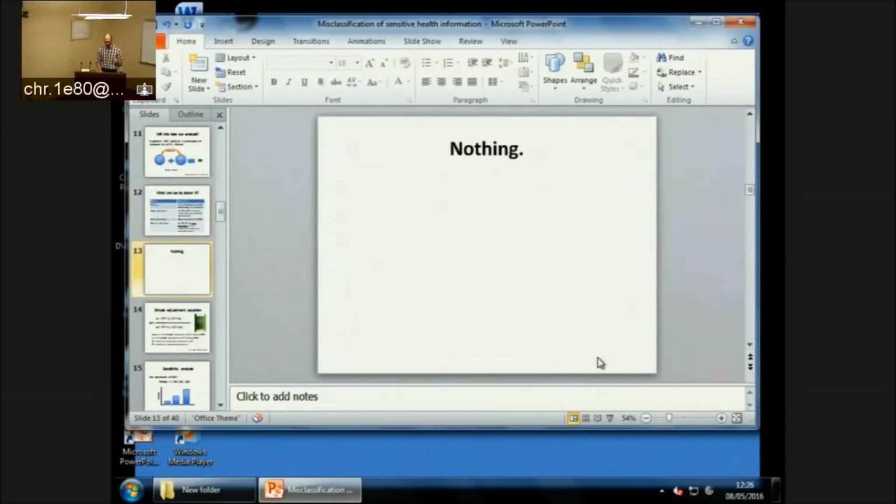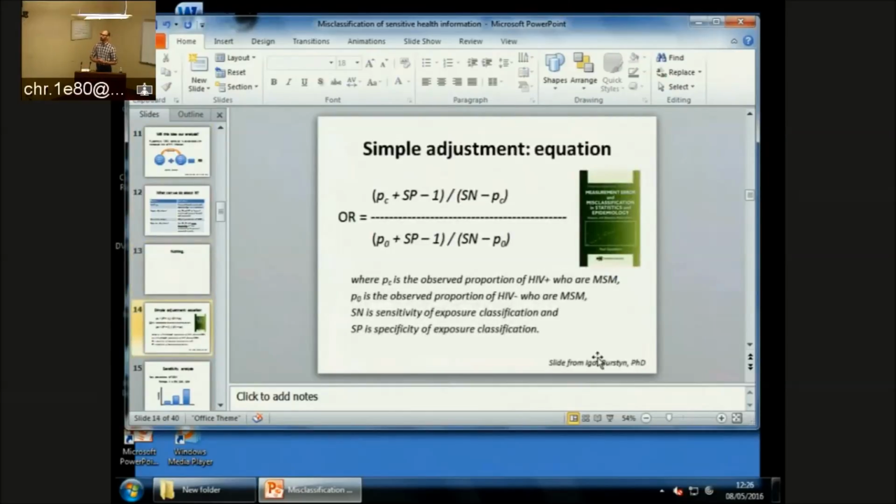So you can do nothing, and that's why there's nothing here. You can correct or work through a simple equation, and that's if you know the specificity and sensitivity of, in our case, sexual identity and what their true sexual behavior is. Then we have this sensitivity specificity measure.